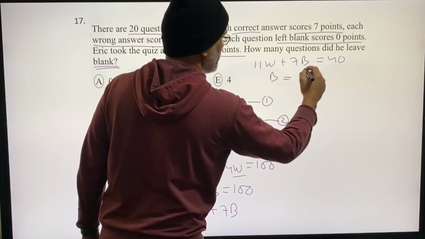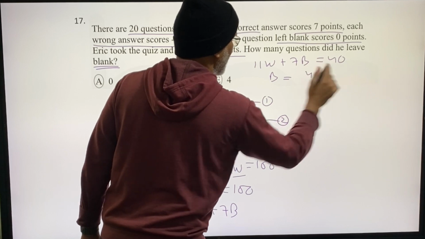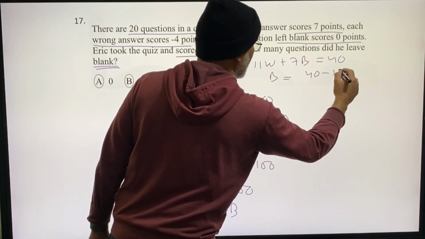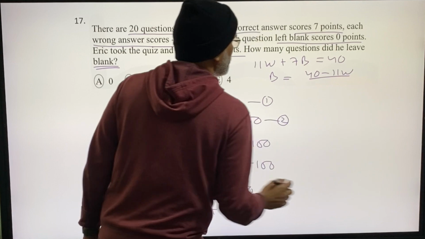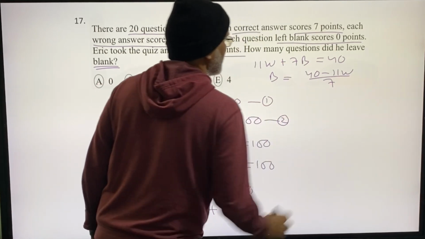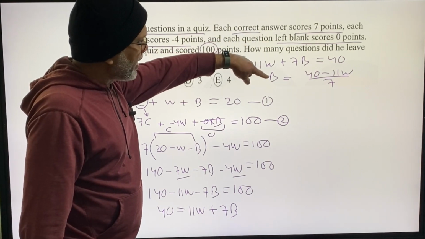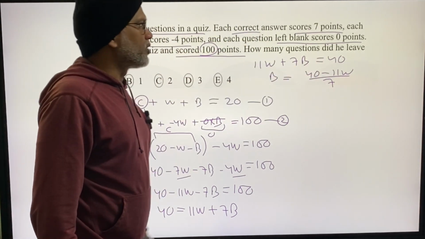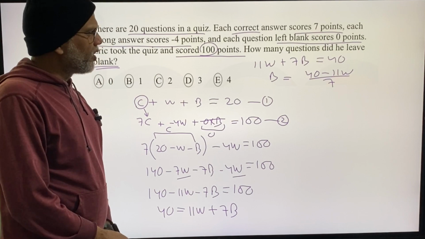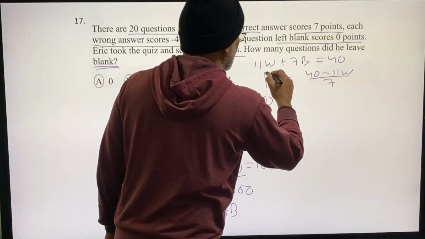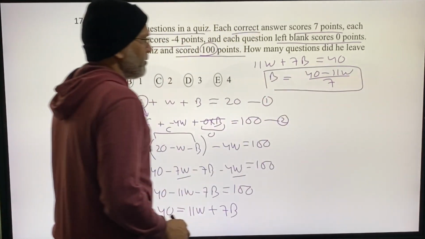So B is equal to 40 minus 11W, all divided by 7, right? All I have done is express B in terms of other quantities.